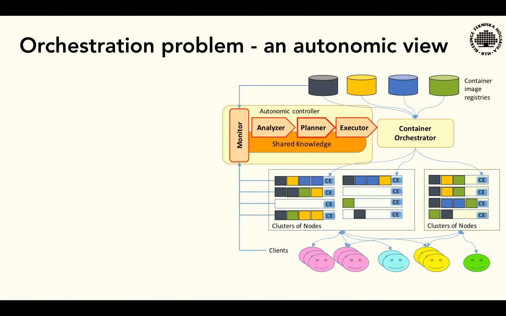But the problem that we have to address is how this controller must be designed. The options are to go for a centralized solution, a distributed solution, or a hierarchical solution.